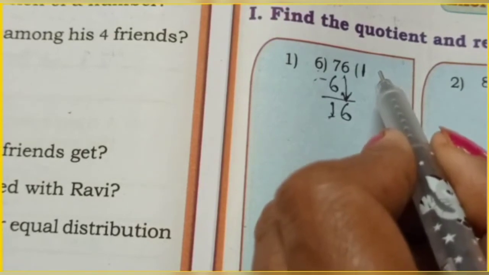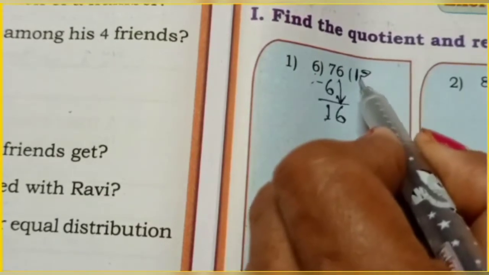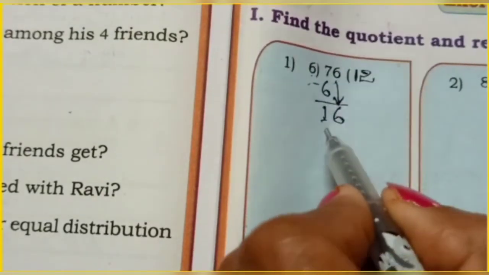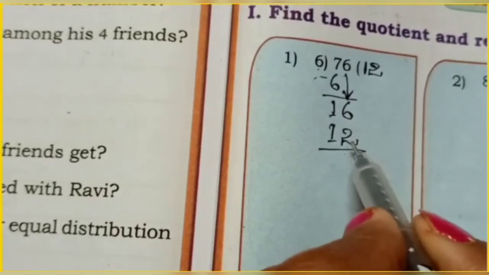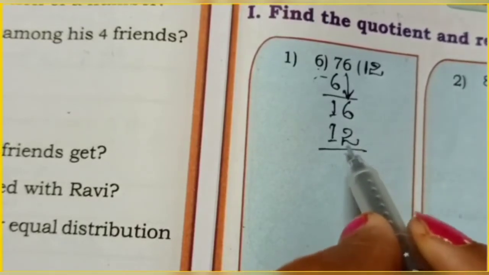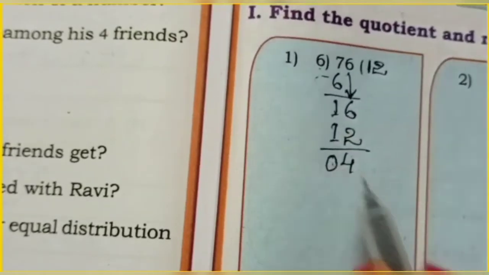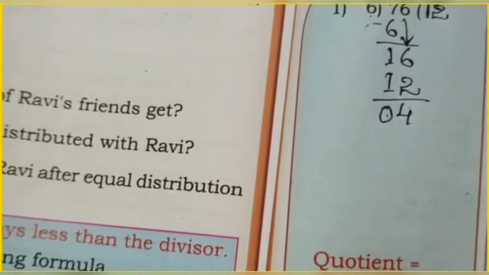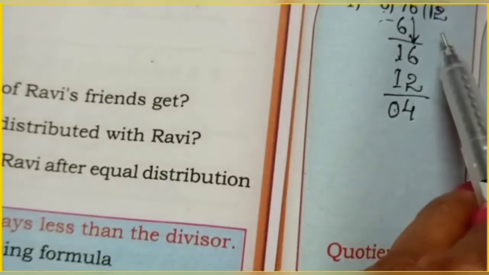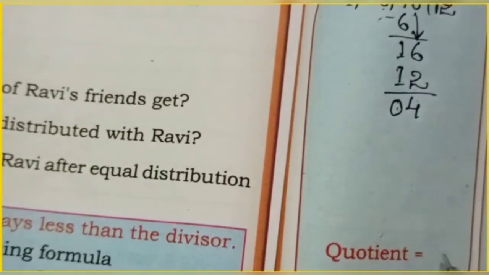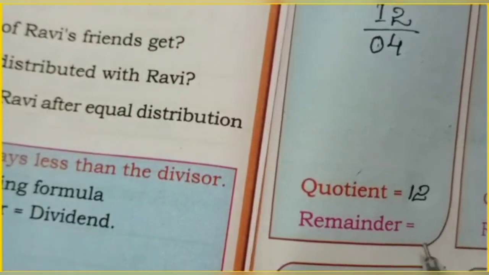Now 16 minus 12 is 4. Right? 4, and 1 minus 1 is 0. So the quotient is 12. Write 12 and the remainder is 4.